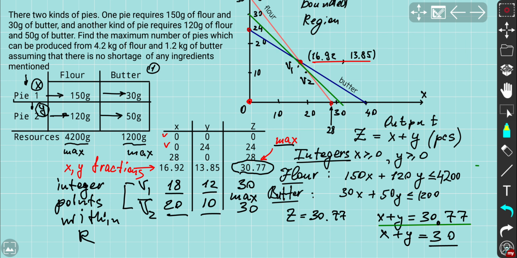Guys, those were details that you need to take into account when you explore a solution. When you have similar problems on exams, and that's for those who are trying to practice and understand in depth, make sure you investigate those details and read your question carefully. The question here is the number of pies, which means they need to be integers.